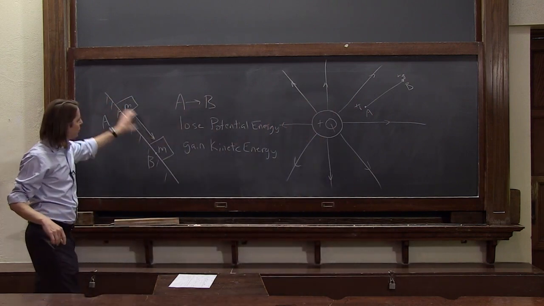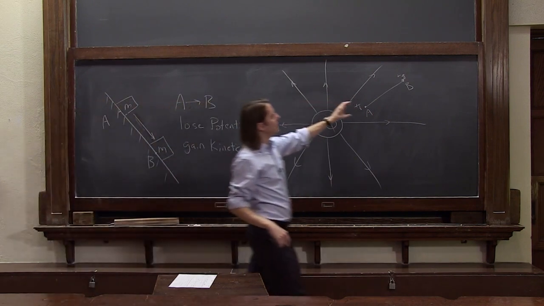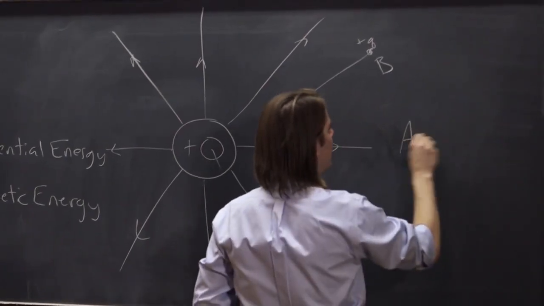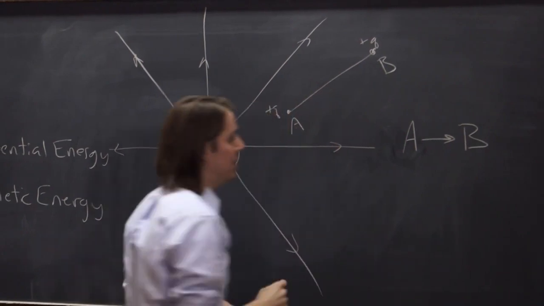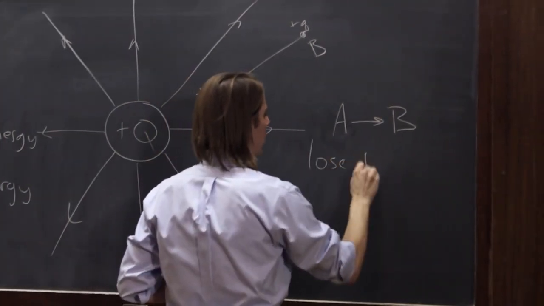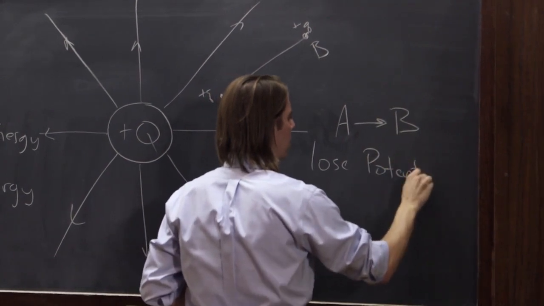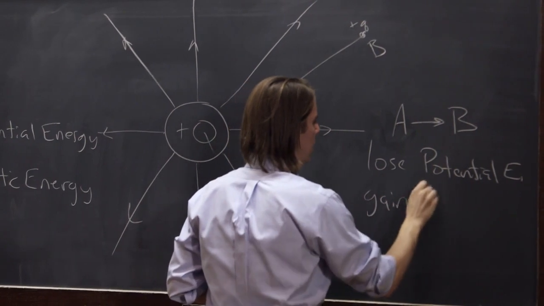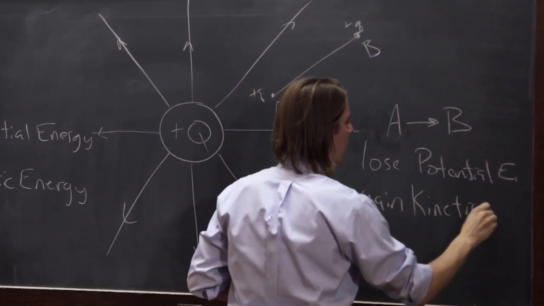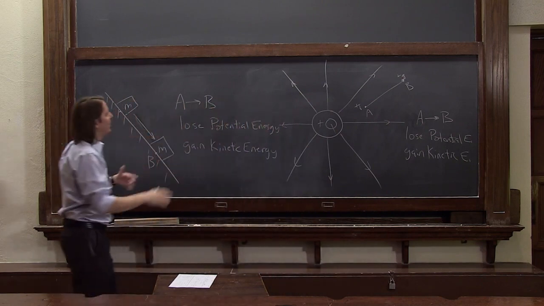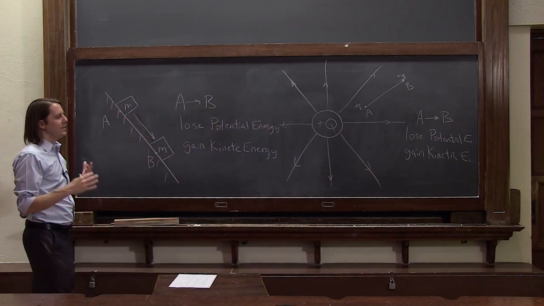If we let this go, it'll go from A to B. So in this case, when we go from A to B, it's the same thing. You're going to lose potential energy, and you're going to gain kinetic energy.